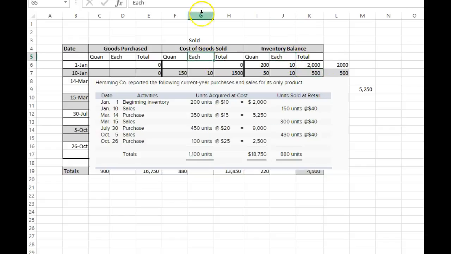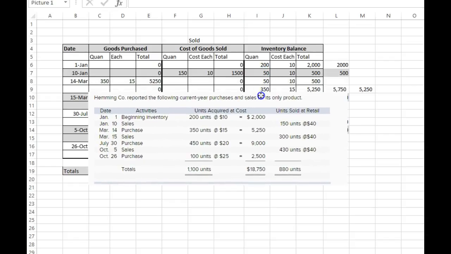Maybe it would help if I did put cost in there, instead of just each. So each cost, I don't know if that will help or not. So now I have $500 worth of inventory, and there are 50 in stock.